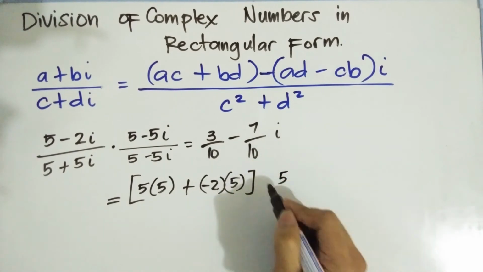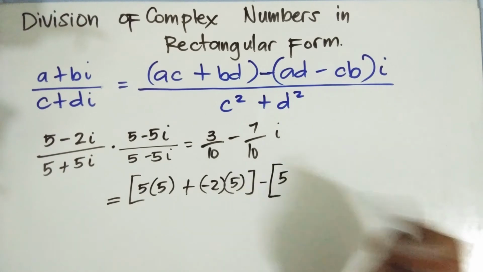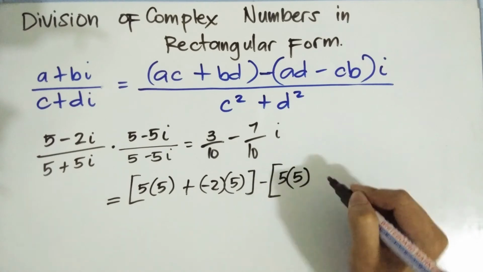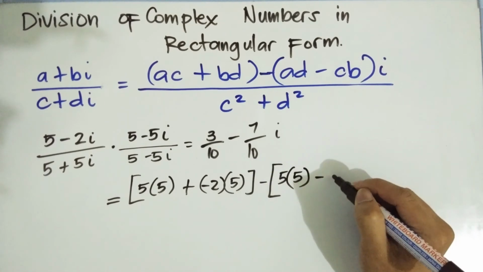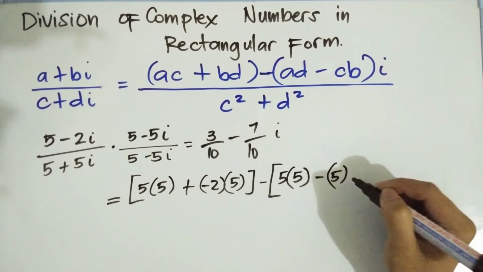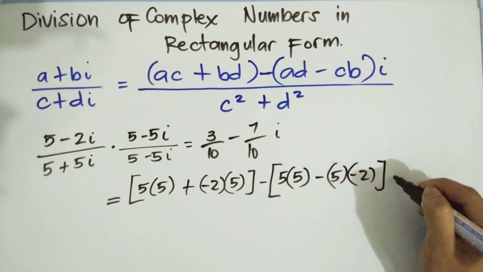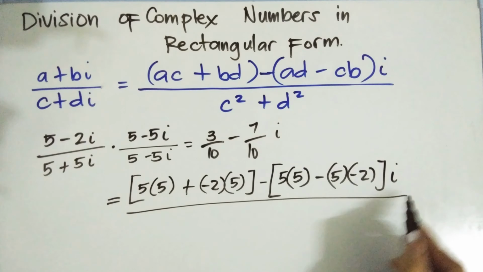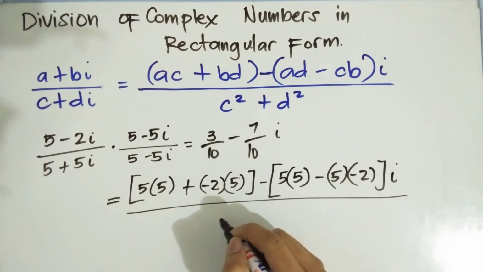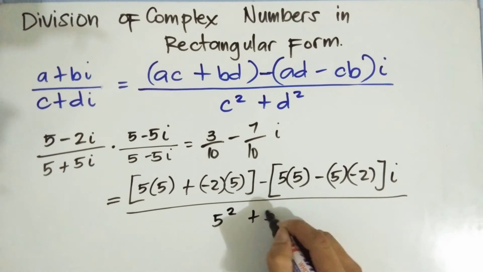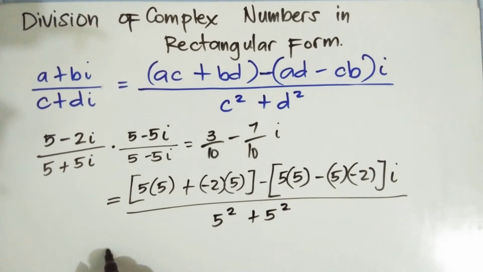This should be negative. Your D is 5 minus C is 5, and your B is negative 2. Multiply this by i. For the denominator, that would be simply 5 squared plus 5 squared.